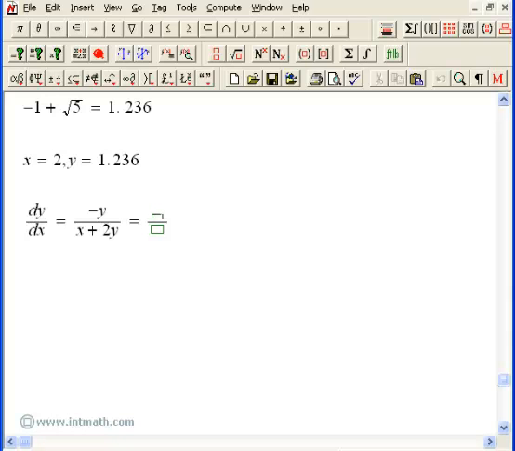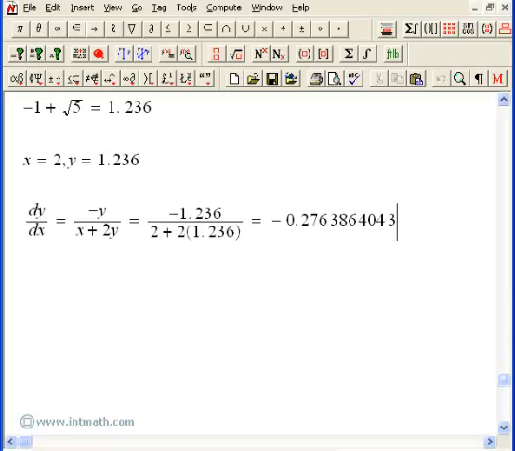So y was equal to 1.236, x is equal to 2 on the bottom, plus 2 times that y value, 1.236. Evaluate that, and I get negative 0.276.